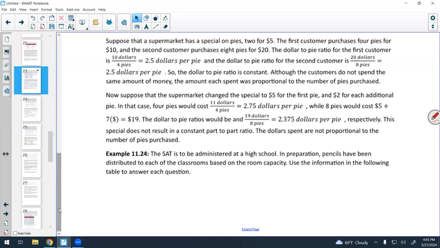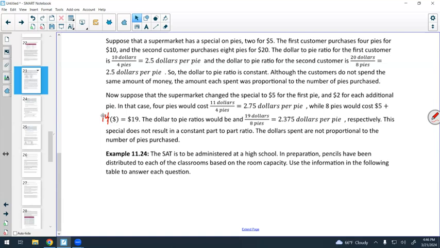Oh, something wrong there. That should be 5 plus 14. The dollar to pie ratios would be $19 to 8 pies, or $2.375 per pie, respectively. This special does not result in a constant part-to-part ratio. Dollars spent are not proportional to the number of pies.